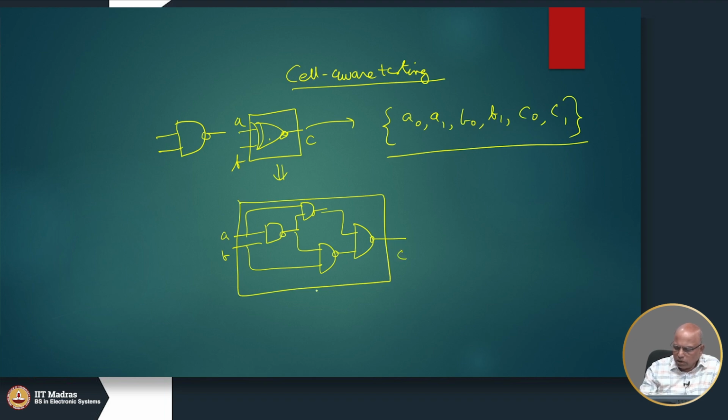Just because I drew a big black box here, is it okay to just look at A0, A1, B0, B1, C0, C1? There are many internal nodes, maybe D, E, F. Maybe these are stuck at 0, stuck at 1. So, these are also important. By ignoring these internal faults, cell internal faults, must be considered. That is what they are arguing.